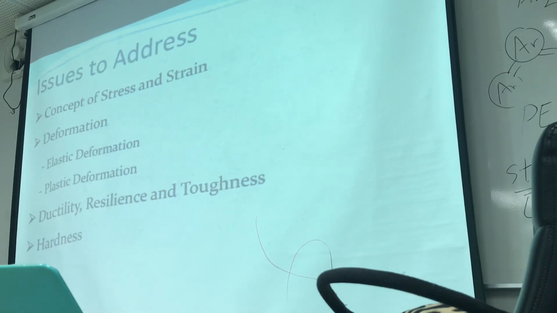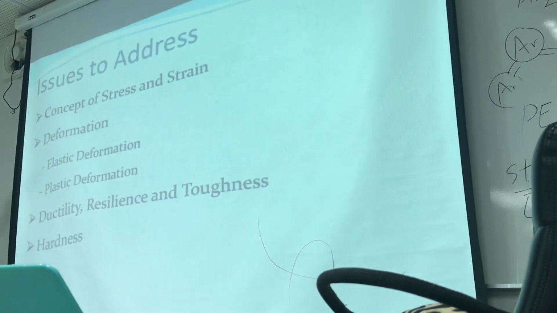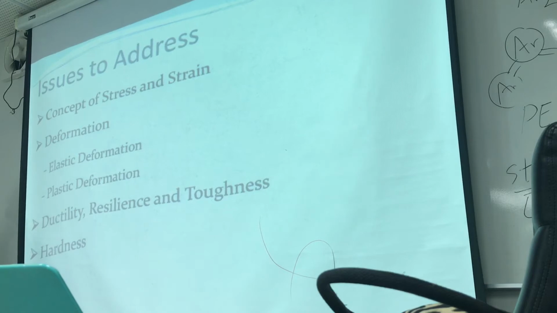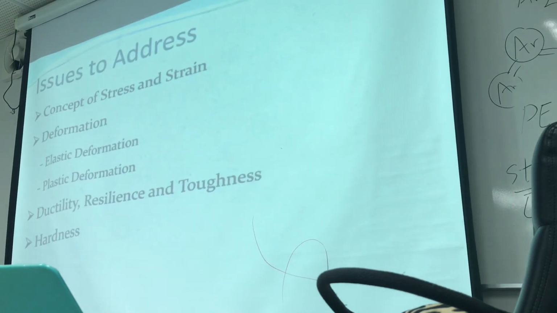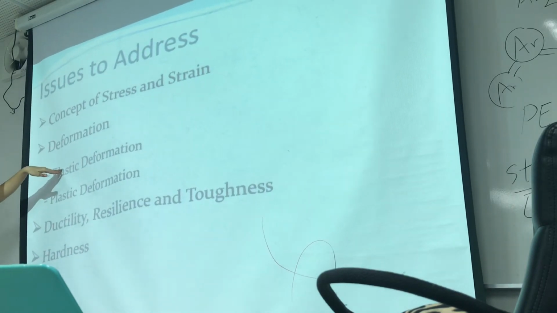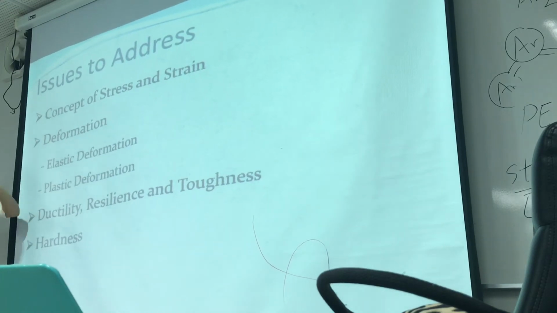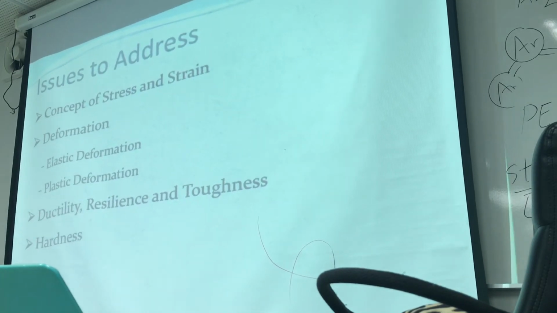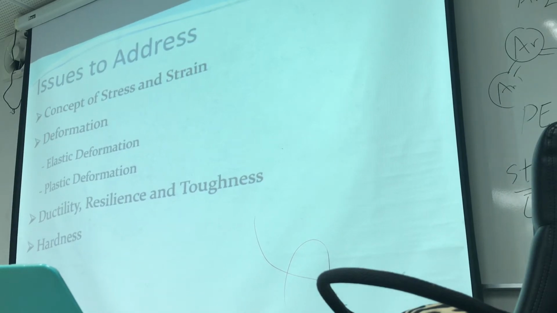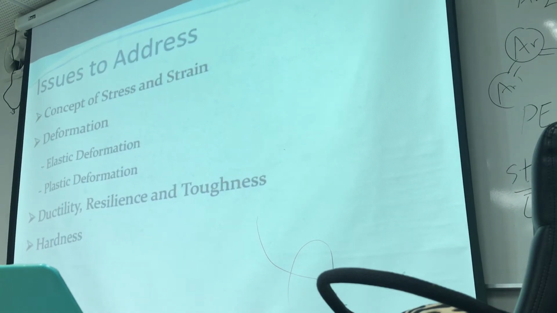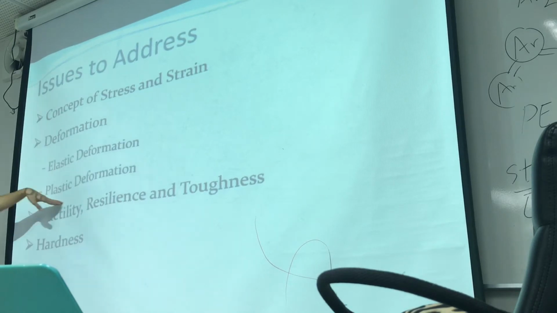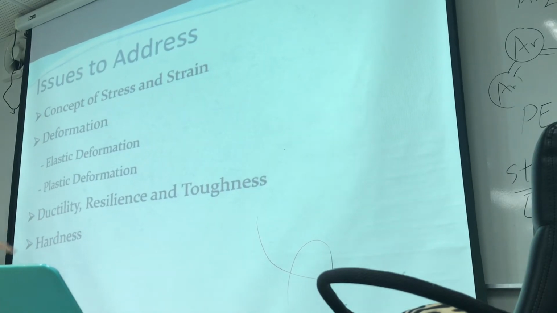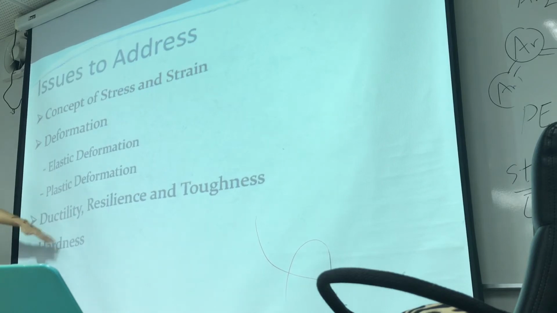Elastic. You think about elastomer or rubber, right? So you stretch it and then you release it. It comes back to original shape. So what happens is deformation or change of the shape. If you have elastic deformation, that means if you stop applying the force, it comes back to original shape. Alright? But for the plastic, if you stretch it or apply stress to it, it will change the shape forever. It's permanent change of the shape. That's called plastic. Alright? And then after that, we talk about ductility.